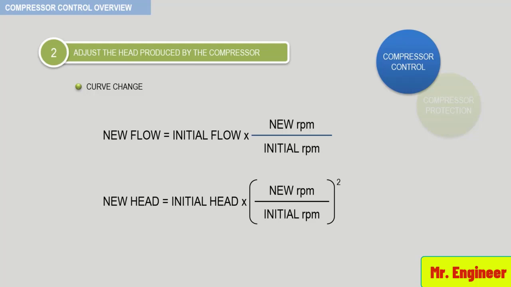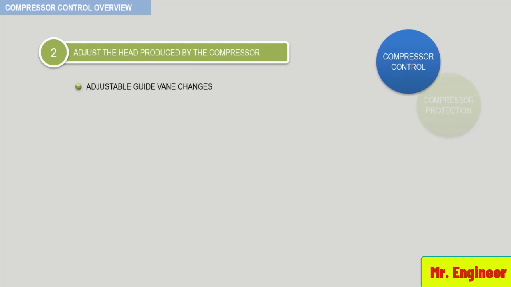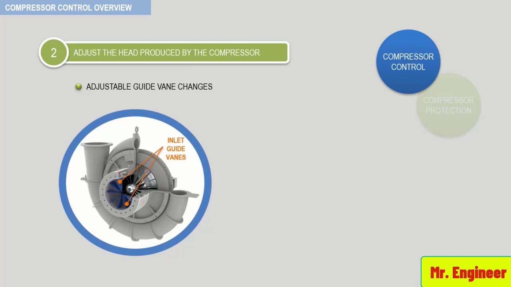Now, in the case of a constant speed motor driver, adjustable guide vanes can be employed, and they result in the same compressor operational flexibility. It is important to note here that inlet guide vanes are not throttle devices, but change the inlet angle of the gas to the impeller. This results in different produced energy values for a given compressor inlet flow.